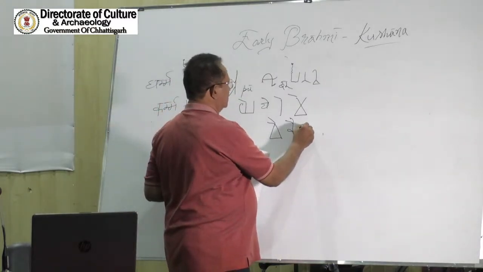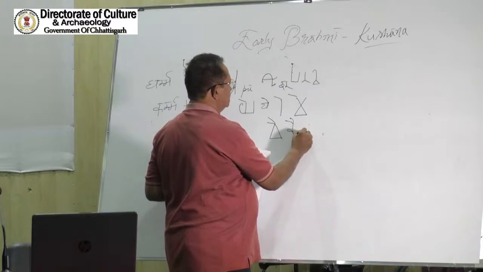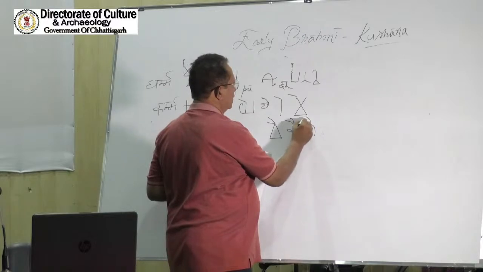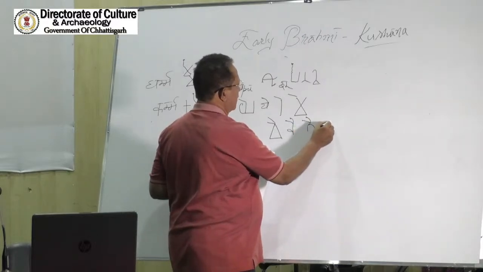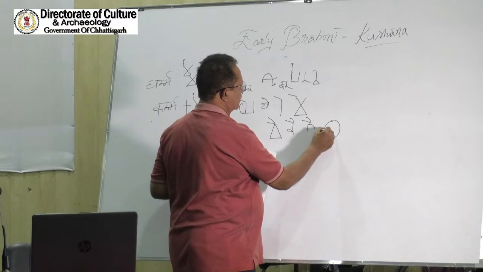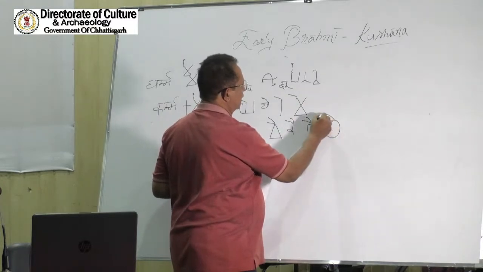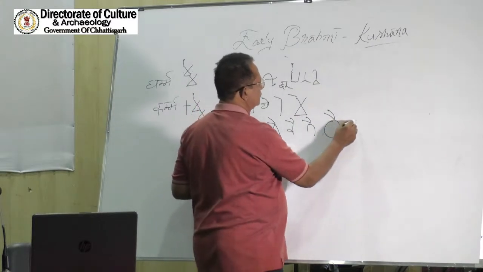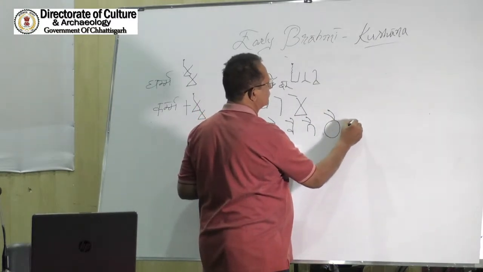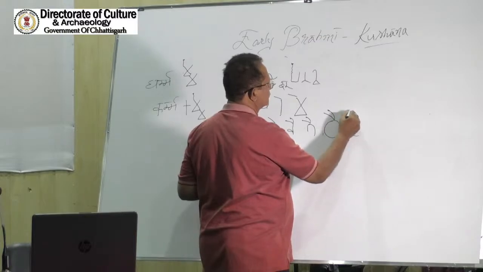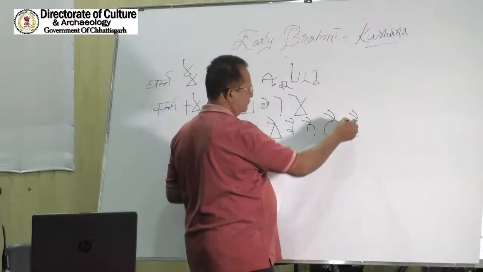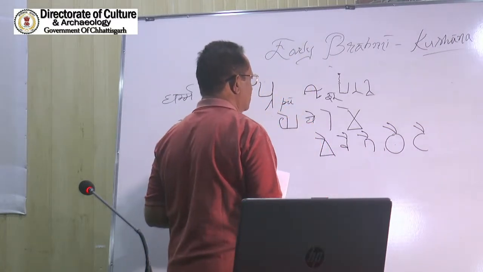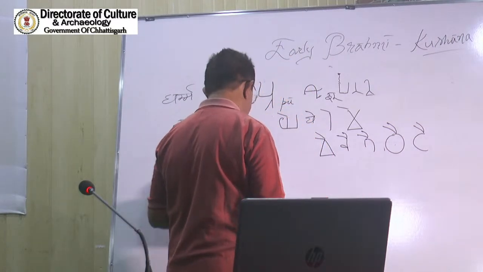Anything you can say, this ta, te, tai, even if you take tha also, it's all like this. Tai. So it's the vowel sign you are adding for the I sign.